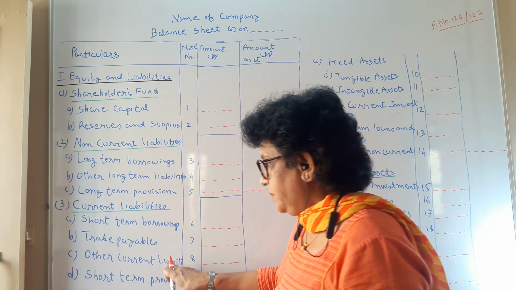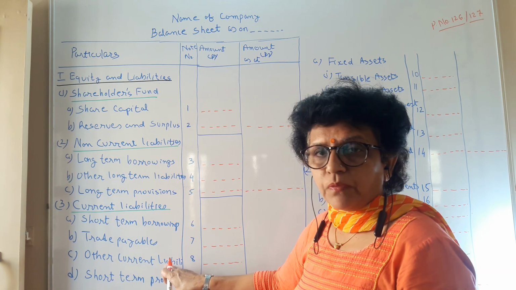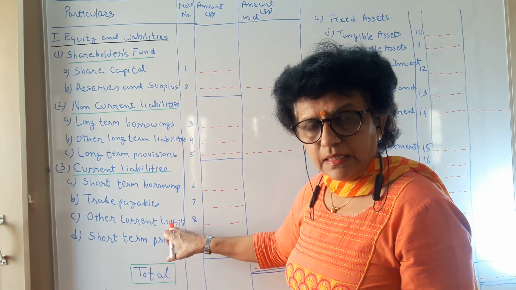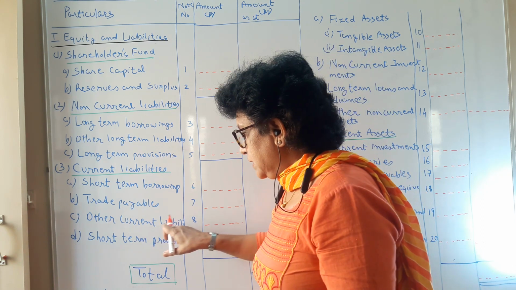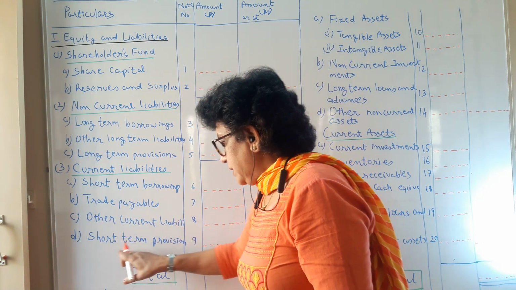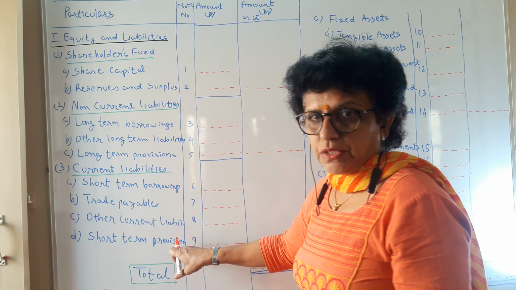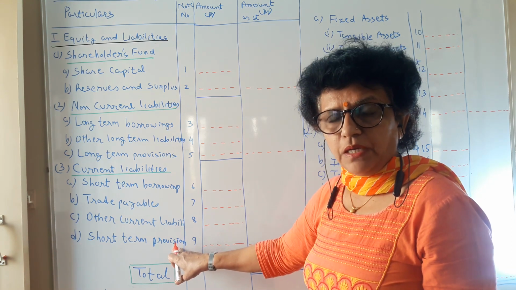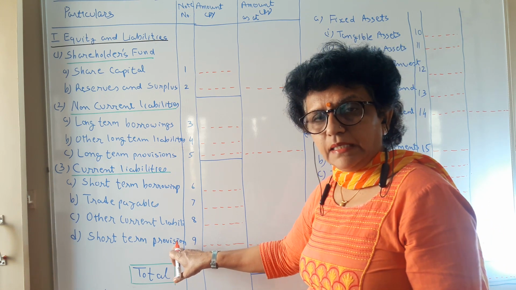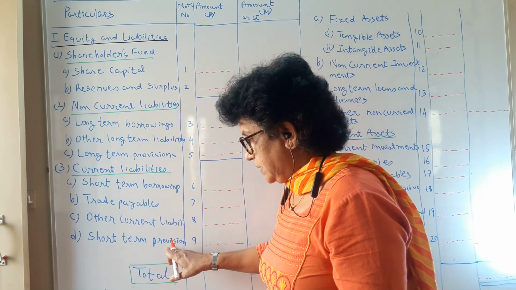Other current liability: any outstanding expenses, any other type of outstanding payments which are created. And short-term provisions, that is the provision for taxation which you have to pay within a year, and any other provision which you have generated.